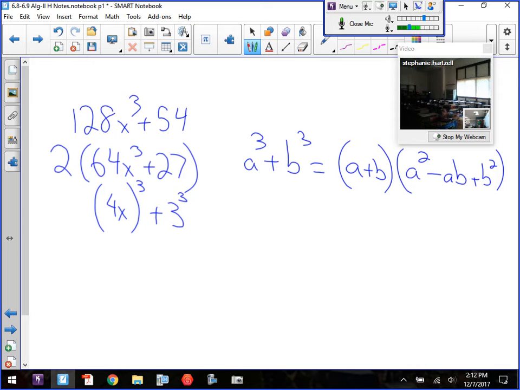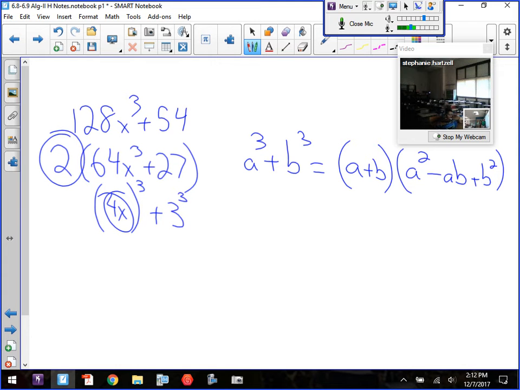And what people will screw up, and Nina can attest to this, is that secondary part. Because our value of a happens to be 4x. When you square that, you don't get 4x squared, you get 16x squared. Also, since you're just factoring this problem, you can't just disregard the 2.